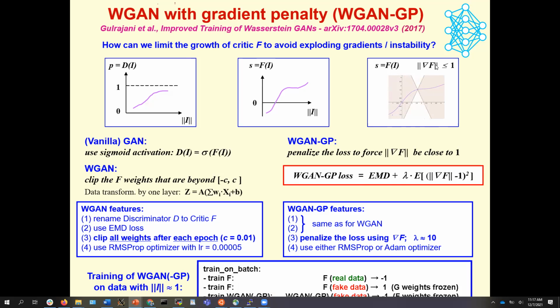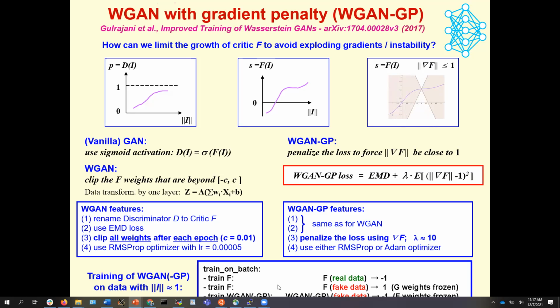So as I said, if the gradient of the critic is limited by 1, and if we normalize the training data to 1, so basically each image we can divide by the maximum value, so the norm of the image will not exceed 1, then we may expect that at the output of the critic we should have a value between -1 and +1 depending on the sign of the gradient.